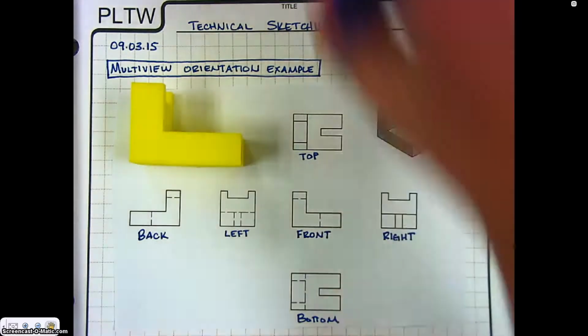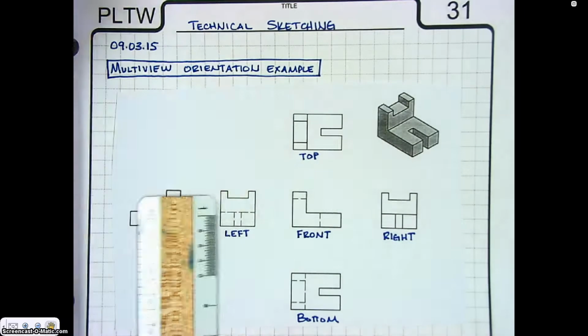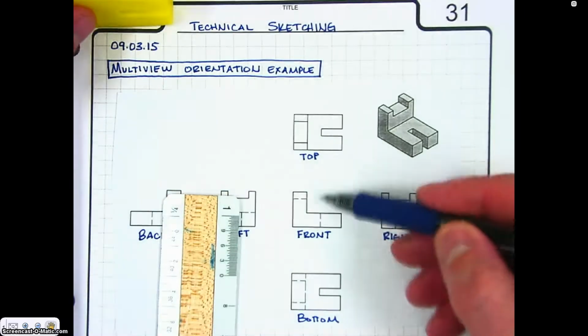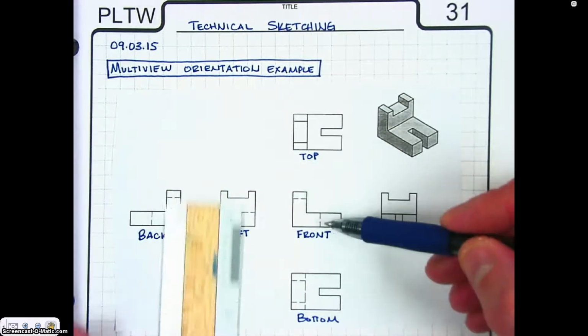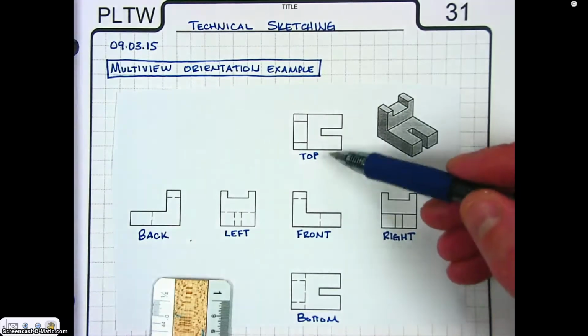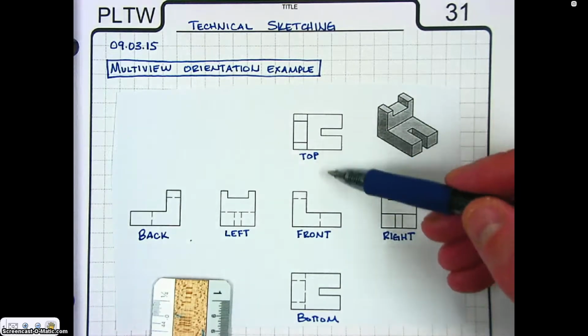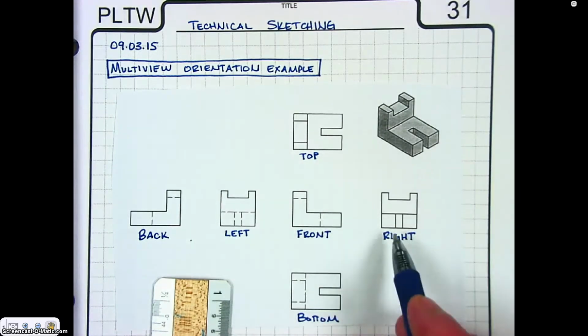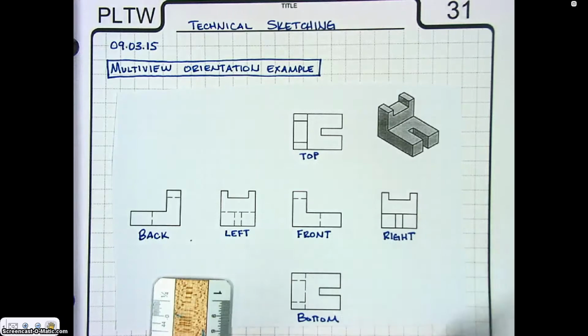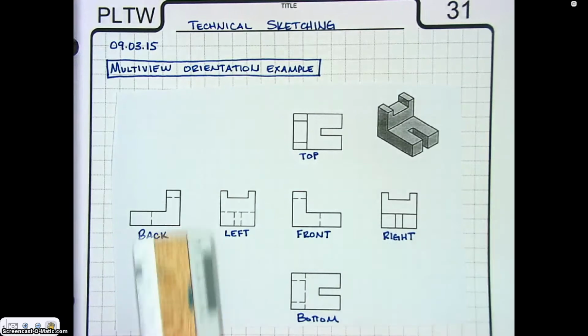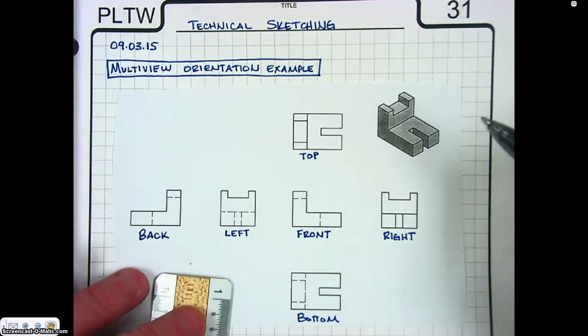One last thing that I want to show you is not only are they oriented in the space they are, so the front view is always in the middle, the top view is always directly above the front view, and the right side view is always directly to the right of the front view. The dimensions line up.